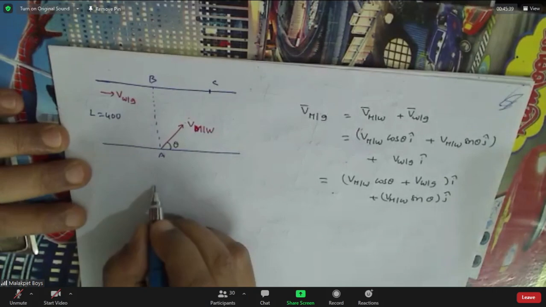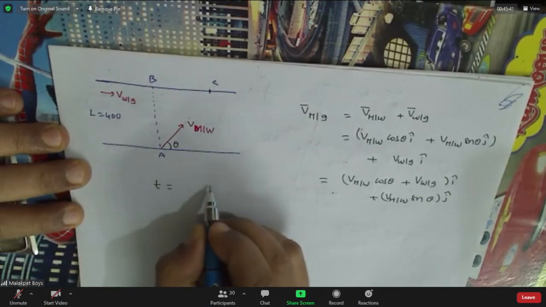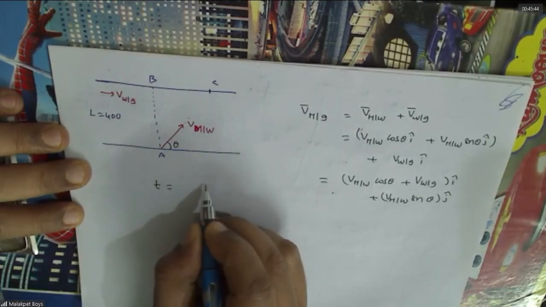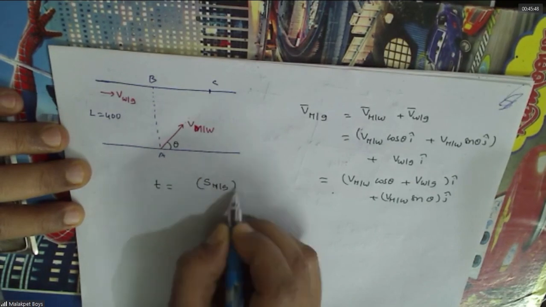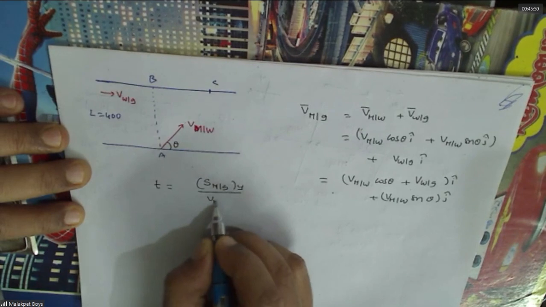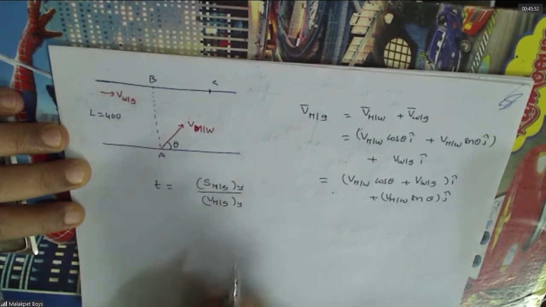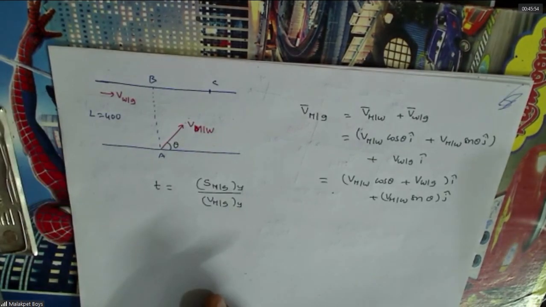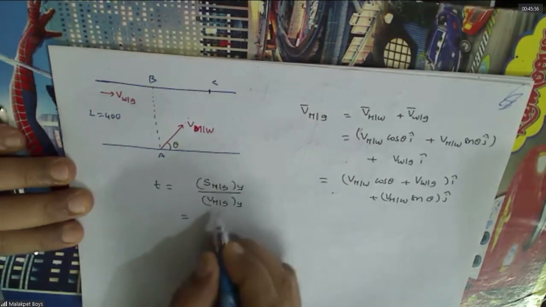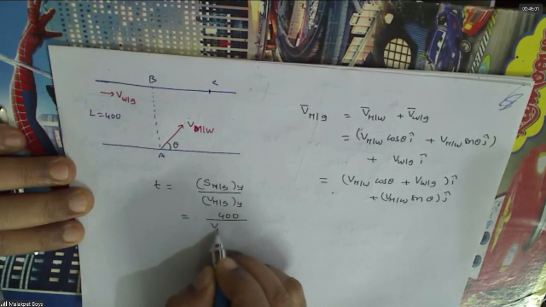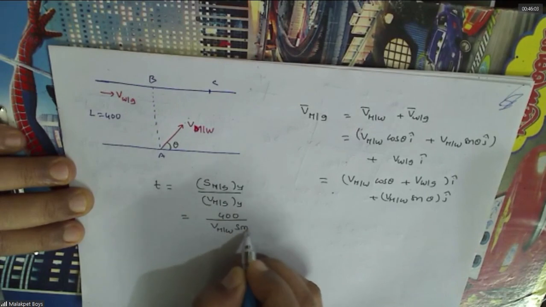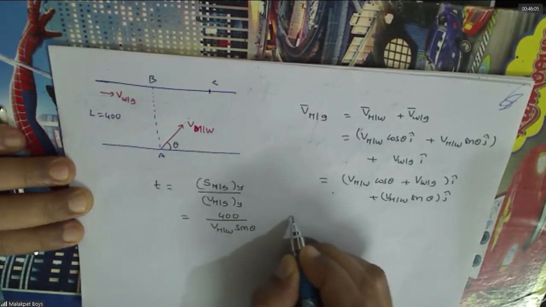Now what is the time of crossing? SC is the displacement of man with respect to ground in the y direction divided by the velocity of man with respect to ground in the y direction. Do you agree with this or not? So this is the displacement of man, 400. And what is x, man?